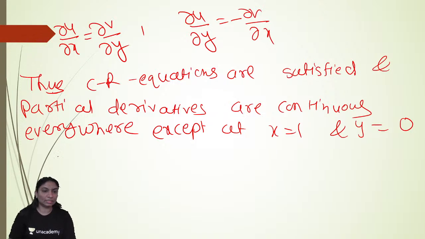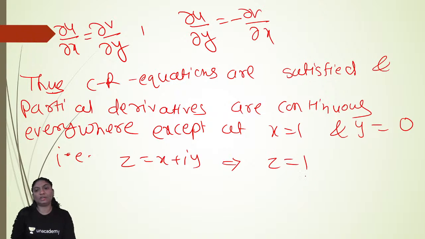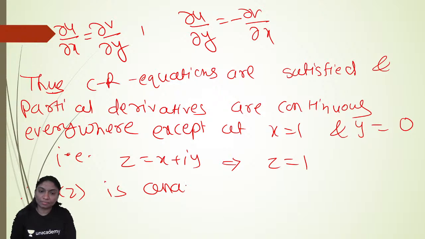That is, we can write z equal to x plus iy, which implies z is equal to 1, because x is 1 and y is 0. So the partial derivatives are continuous everywhere except at z equal to 1. Therefore f of z is analytic everywhere except at z equal to 1.